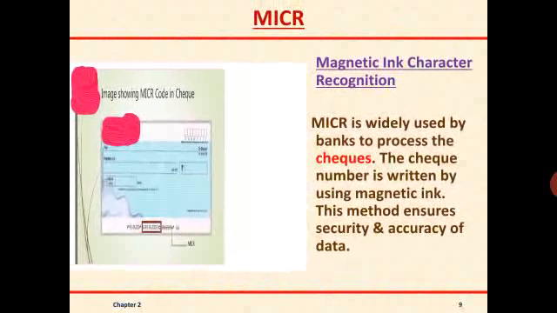We have learned the keyboard, mouse, OMR, OCR, and MICR. I hope you have understood these concepts. In the next class we will be covering output devices. Okay, thank you students.